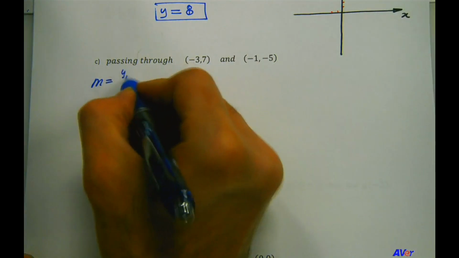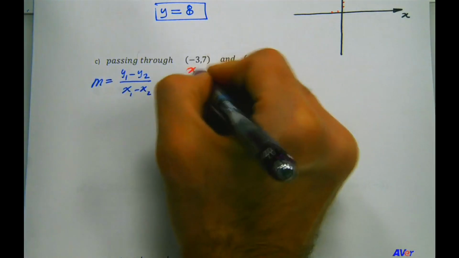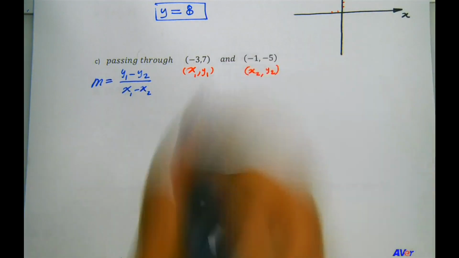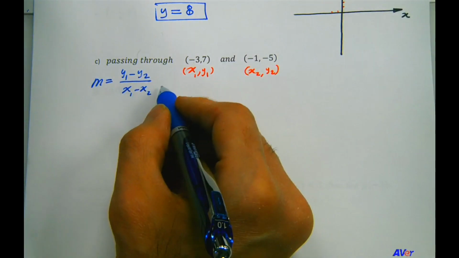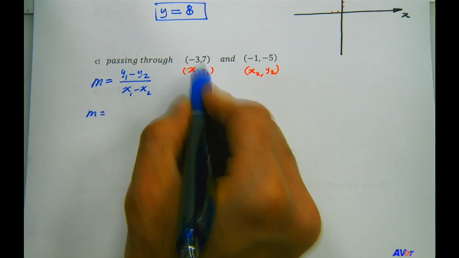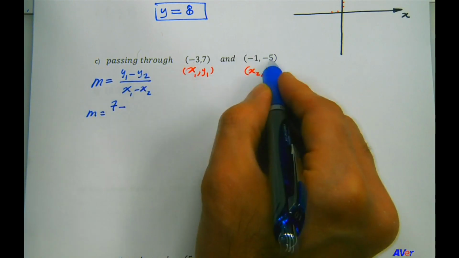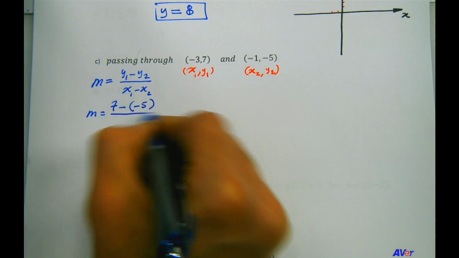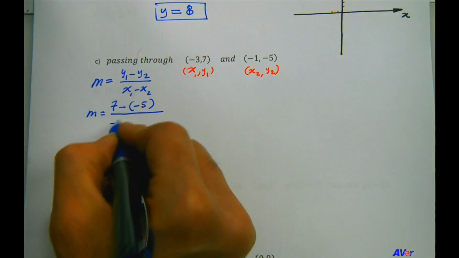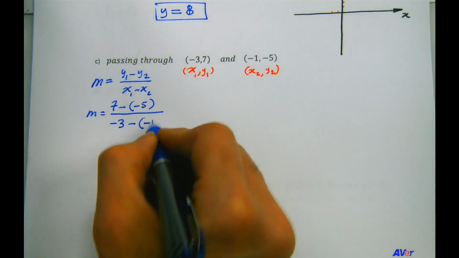Okay, so slope is y1 minus y2 over x1 minus x2. This is x1 comma y1, x2 comma y2. Okay. So let's plug in. The slope is equal to y1, which is 7, minus y2, which is minus 5, divided by x1, which is minus 3, minus x2, which is minus 1, like that.